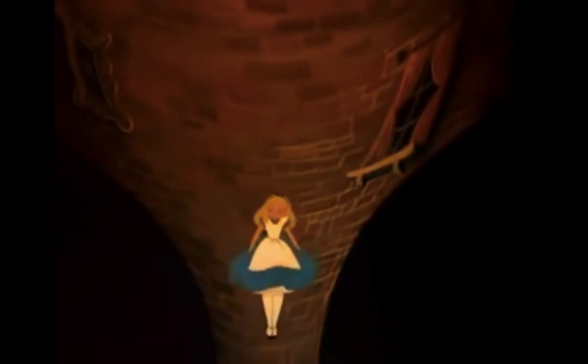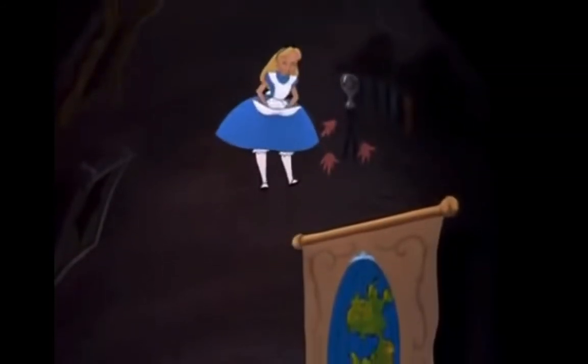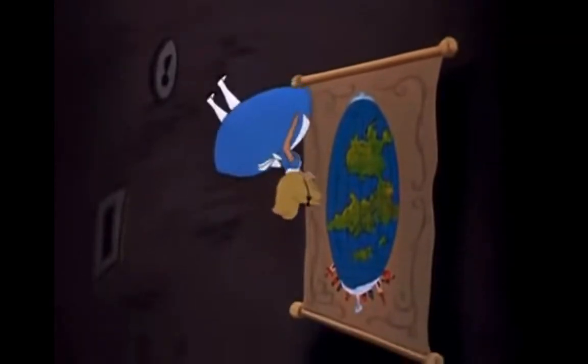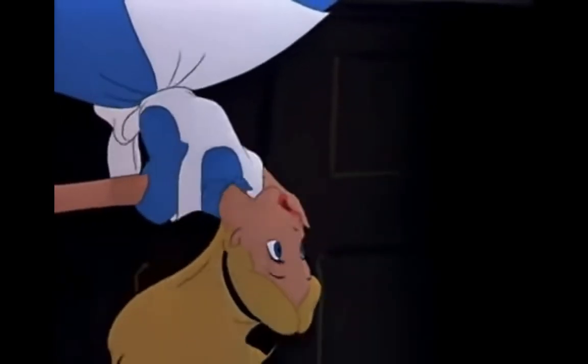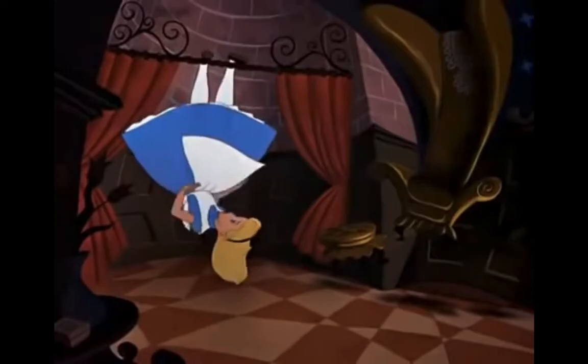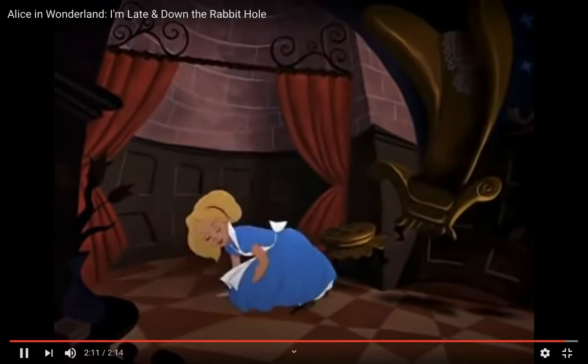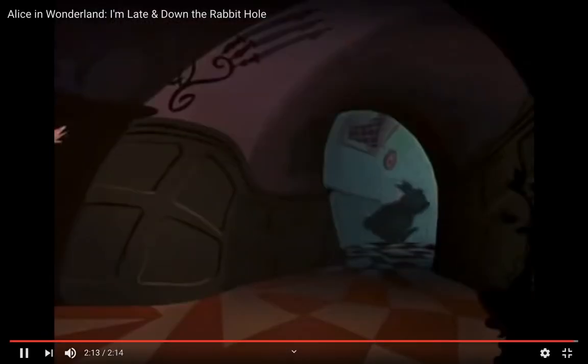Goodness. What if I should fall right through the center and come out the other side where people walk upside down? Oh, but that's silly. Nobody... Oh! Mr. Rabbit. Wait.